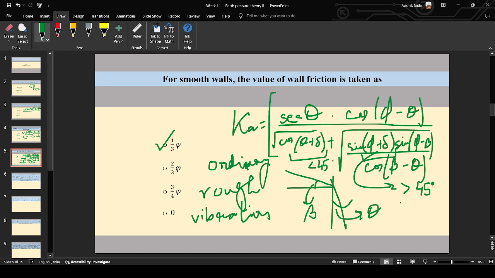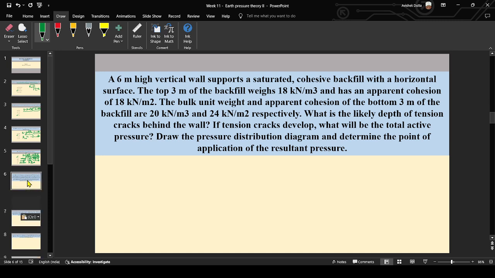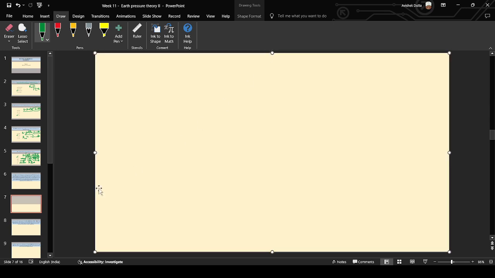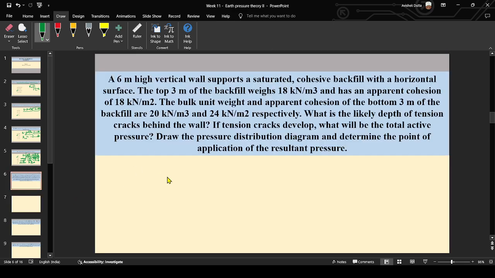So next question. The numerical will start now. I'll copy it and do the numerical here, so I need some space. In this sum, we are told to find the total active pressure, the depth of tension crack, and the pressure distribution diagram.